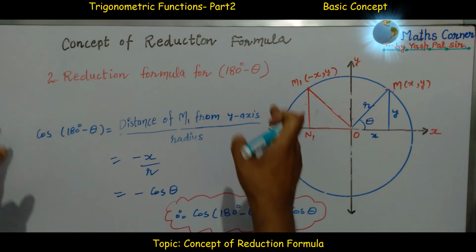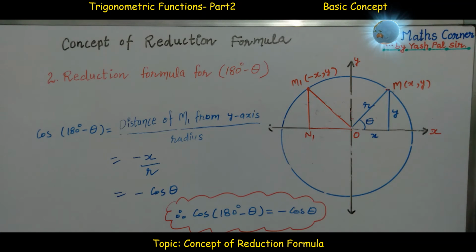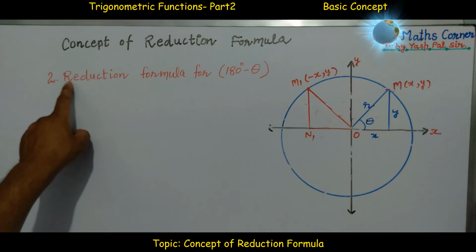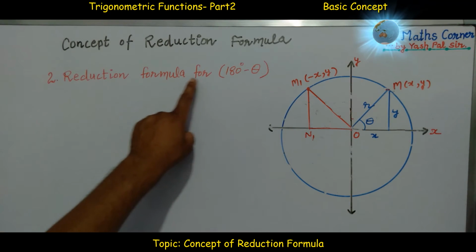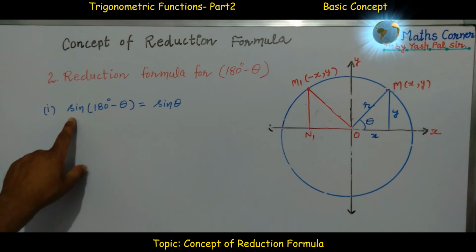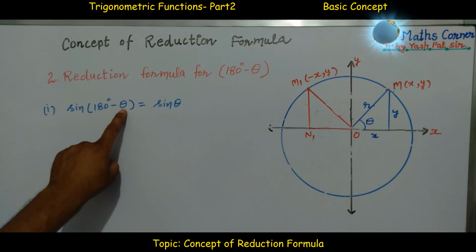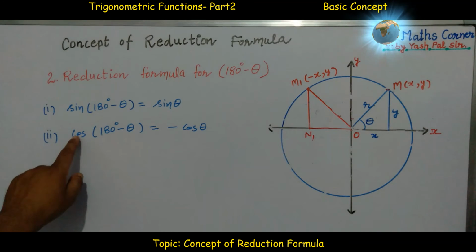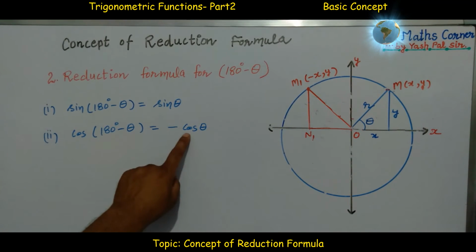Similarly, we can also find other t ratios. So finally we get the result under the concept of reduction formula number 2, reduction formula for 180 degree minus theta. First of all, sine of 180 degree minus theta is sine theta. Cos 180 degree minus theta is minus cos theta.